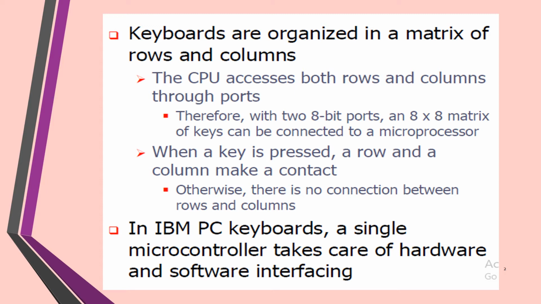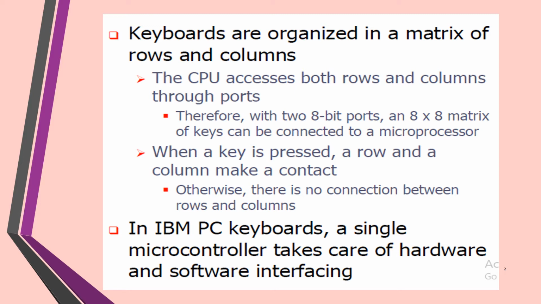In general, we have a 4 by 4 matrix connected to two ports. The rows are connected to the output port and the columns are connected to the input port. If no key has been pressed, then reading the input port will yield 1s for all columns, since they are all connected to VCC.